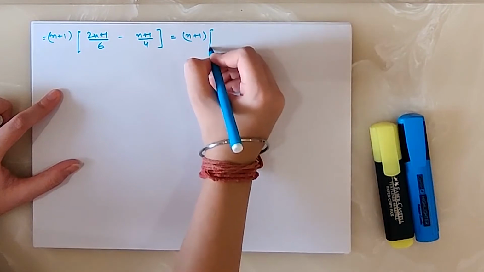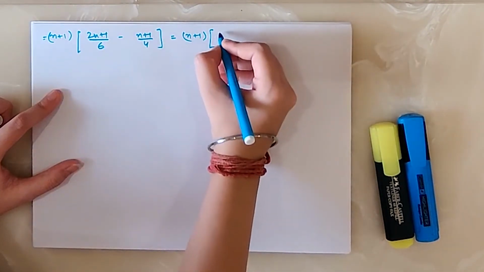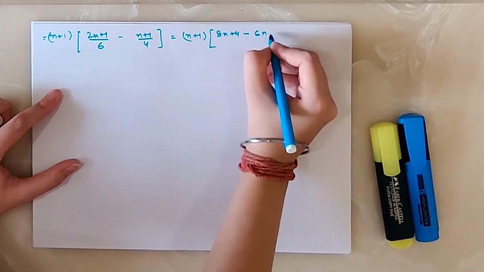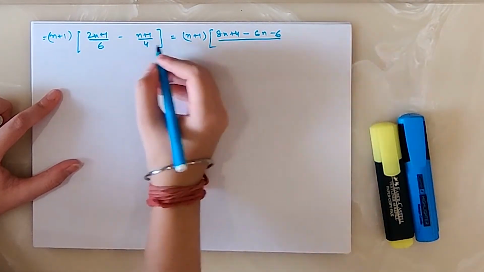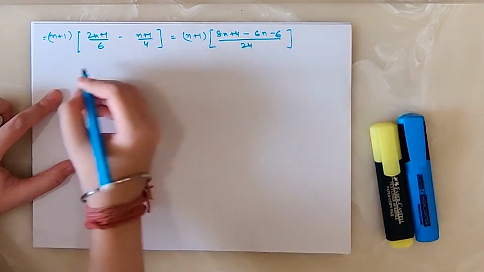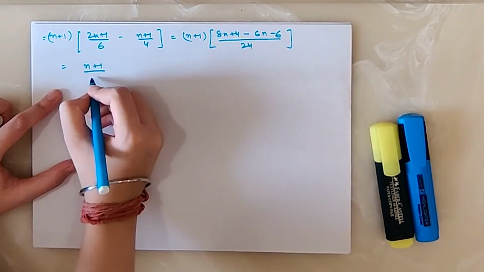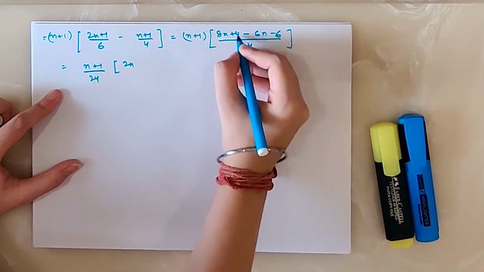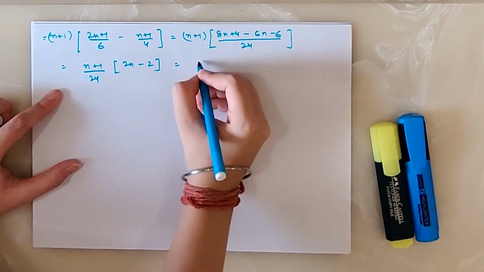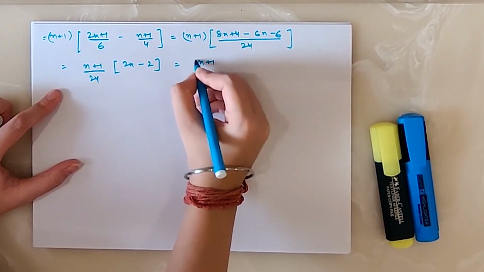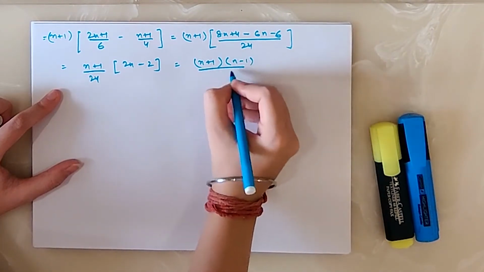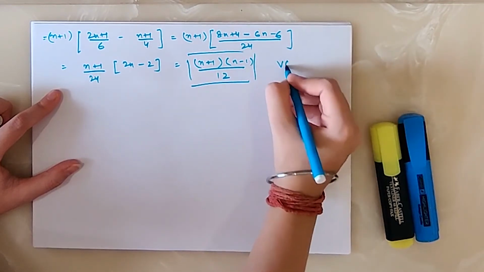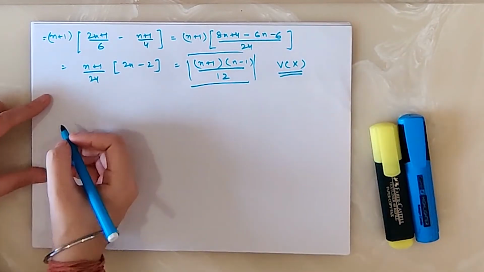Now this is given by n plus 1 into 4 into 2n, that is 8n plus 4, minus 6n minus 6, upon 6 into 4, that is 24. This is equal to n plus 1 by 24 into 8n minus 6n, which is 2n minus 2, which is equal to n plus 1 into n minus 1 upon 12. This is our variance of X.